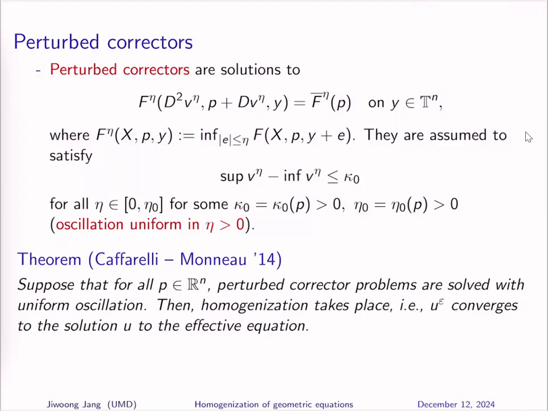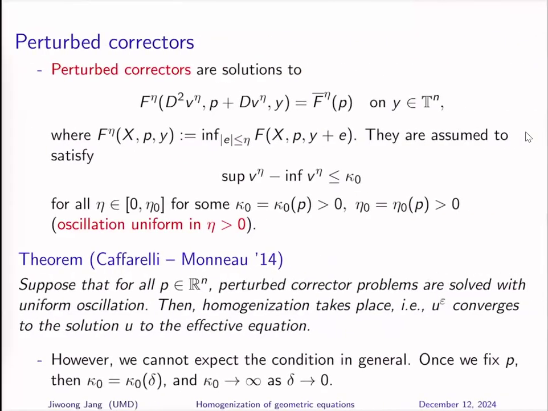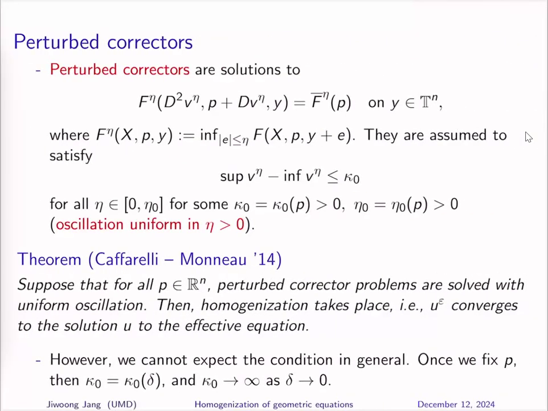So delta is unchanged, and the oscillation is now uniform in eta, so that they could derive the uniform oscillation and the homogenization for the positive forcing. However, kappa zero of the uniform oscillation parameter blows up as delta goes to zero. So if you lose coercivity, then homogenization becomes unclear.